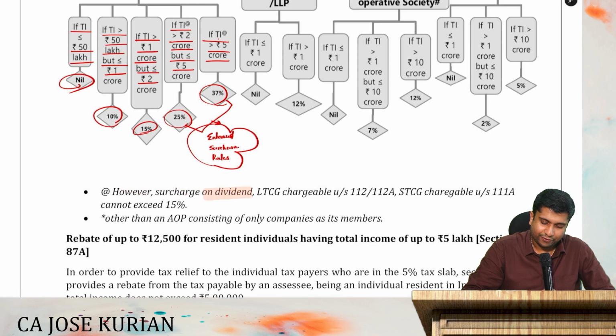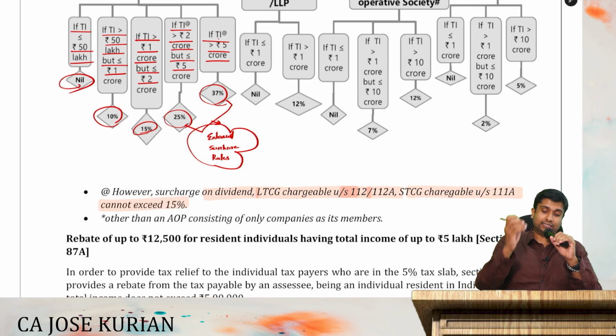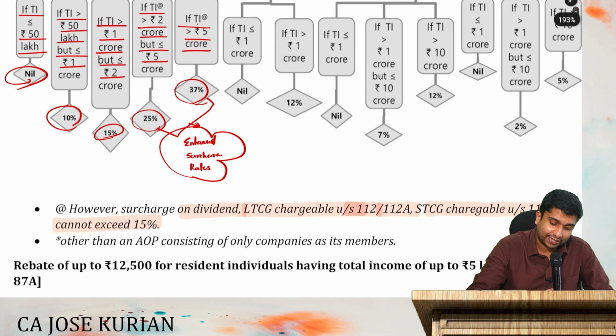surcharge on dividend, long-term capital gain under 112A and short-term capital gain under 111A cannot exceed 15%. We can say it in another way.